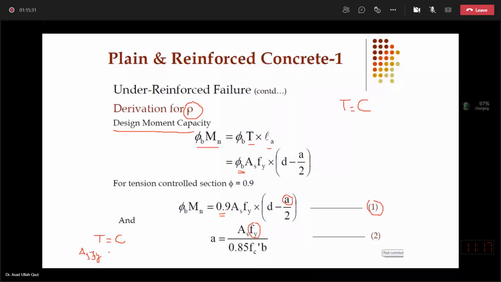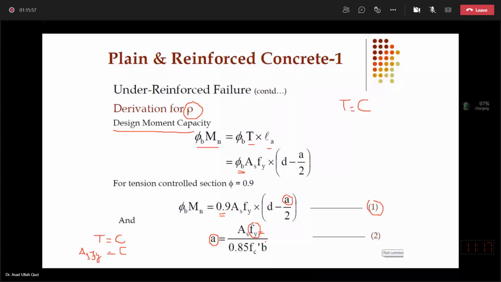So from this basic equation, I got the a value. Important is that in this a, steel yield is used. So it is tension controlled reinforced, and a also reflects a cross section in which steel is at yield.